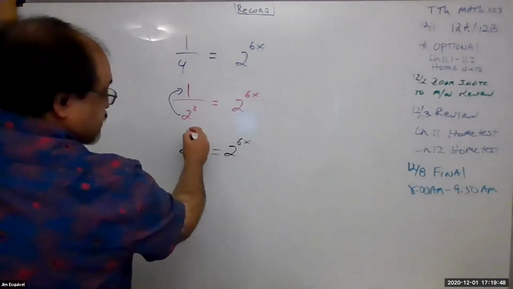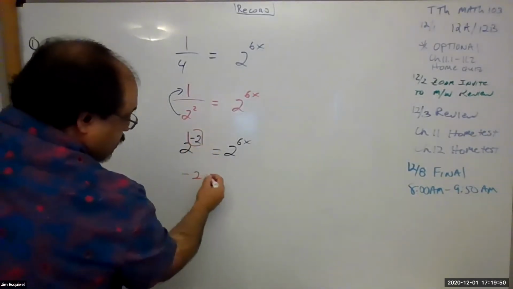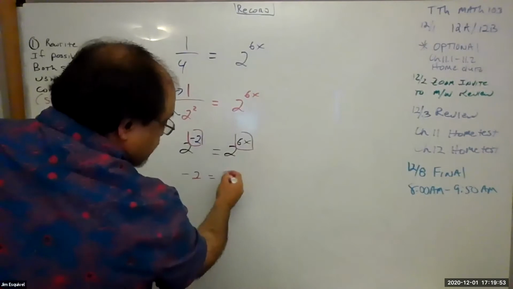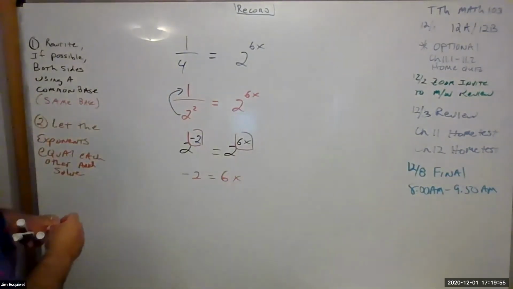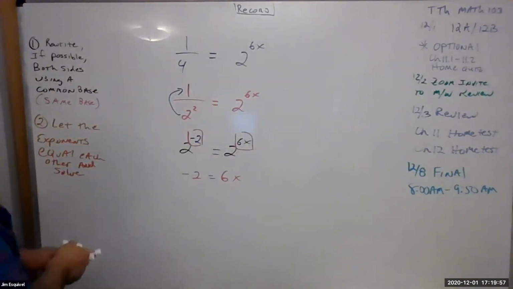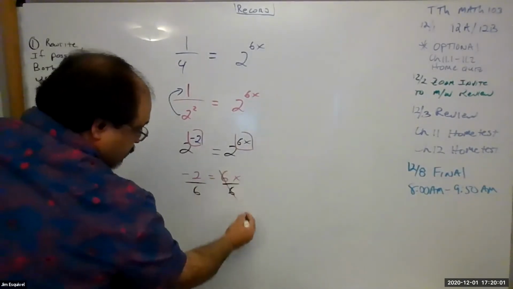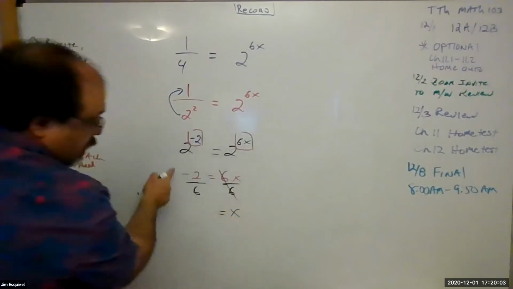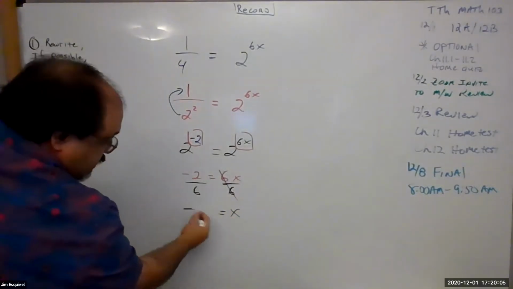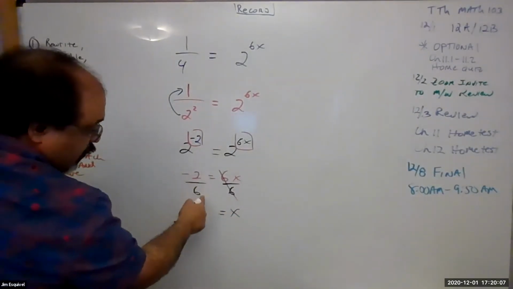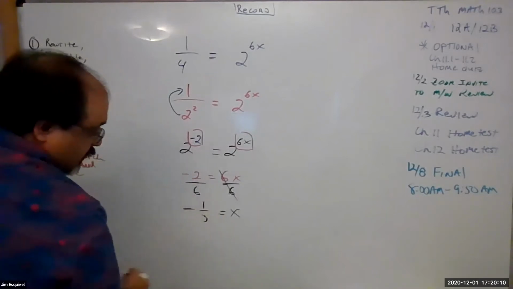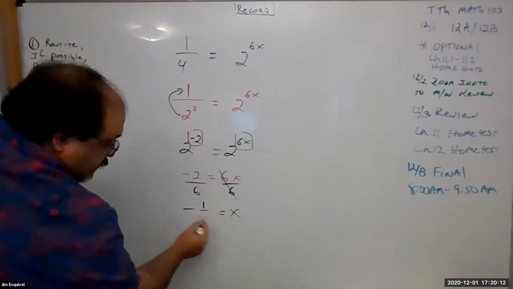Now you can let this exponent, negative 2, equal that exponent, your 6x. Divide by 6. And we get x equal negative over a positive is a negative. 2 over 6 is 1/3. So x is negative 1/3.